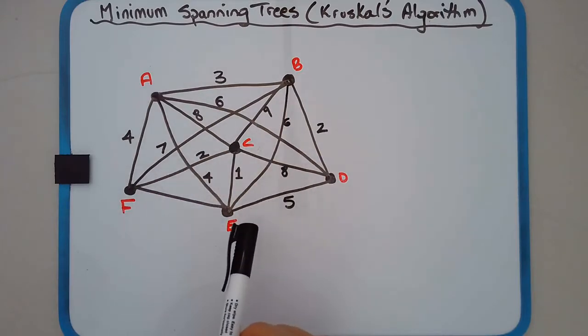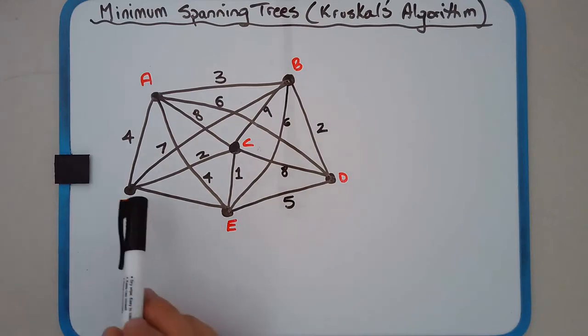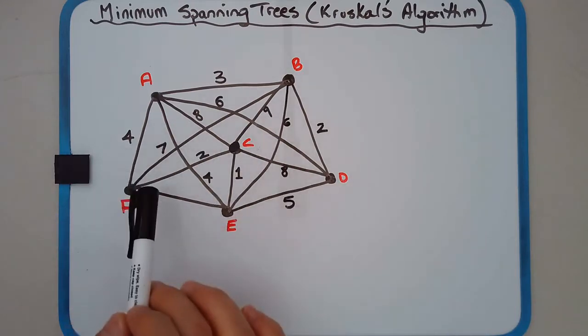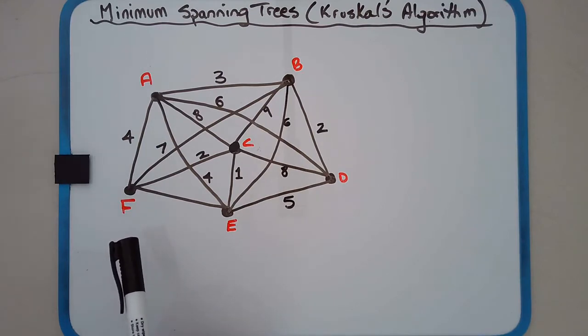What we're going to do is link all 6 vertices together in such a way that it's a tree. A tree uses the minimum number of edges. In other words, if we've got 6 vertices, we need to pick 5 edges, if you remember that rule from the last video. If you have 6 vertices, there's 1 less edge, and that'll form a tree.